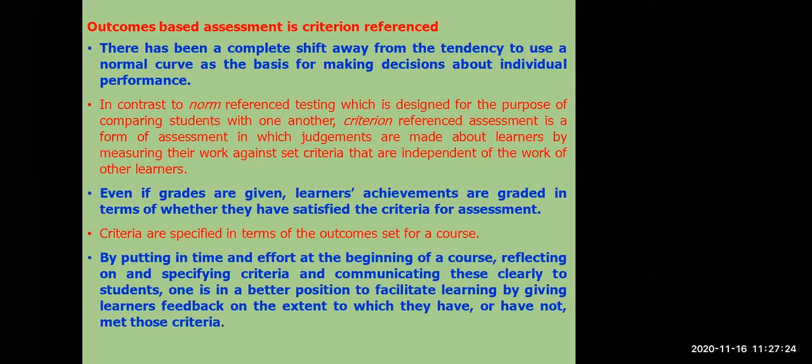Even if grades are given, learners' achievements are graded in terms of whether they have satisfied the criteria for assessment. As I said, somebody may jump 7 feet, 8 feet, 9 feet, but we say that, okay, he has just completed the criteria of 6 feet. That means he can do, let's say, filing in a job shop, or he can repair a two-wheeler engine.